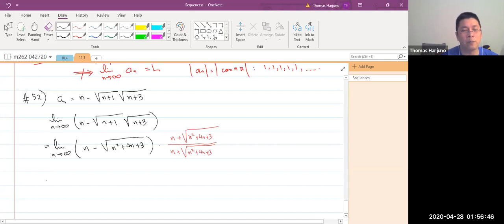That will give me the limit as n goes to infinity of, on the numerator, n squared minus (n squared plus 4n plus 3), over n plus the square root of n squared plus 4n plus 3.